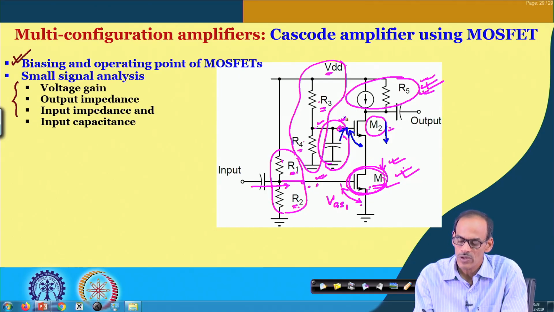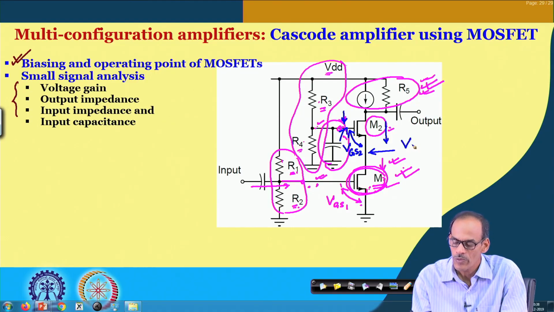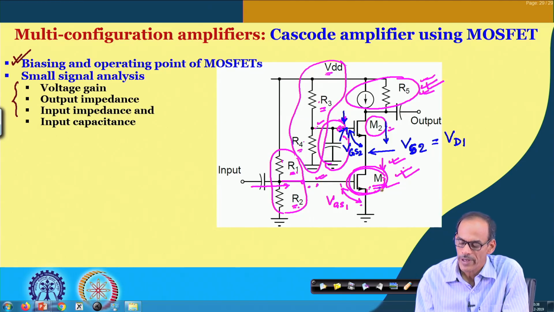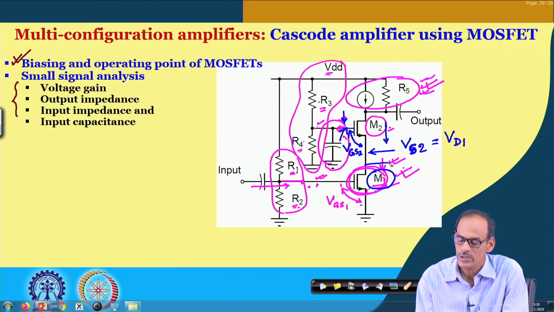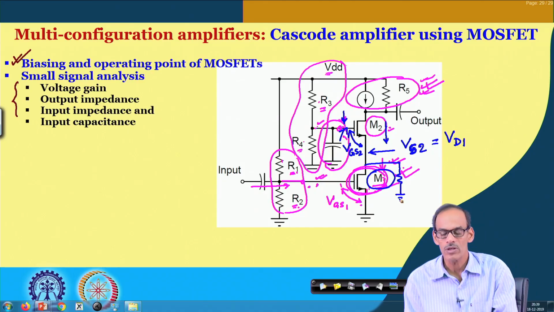In other words, the voltage at this point minus the VGS of transistor 2 provides the DC voltage here, which is of course the source voltage of transistor 2, which is also equal to the drain voltage of transistor 1. So, we need to maintain this transistor in the saturation region, otherwise its output resistance, the drain to source resistance, will be small, and that may create a problem.